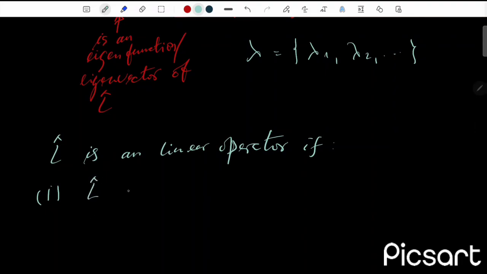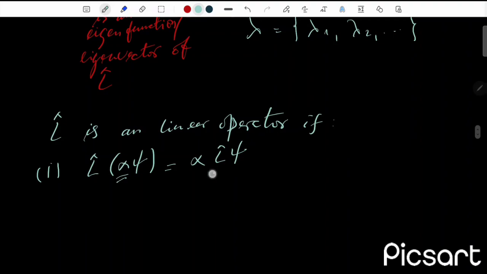Suppose that L is acting on a product of alpha, which is a constant, with psi. If L admits that we can take out alpha and have L acting only on psi, then this is the first condition of linearity.